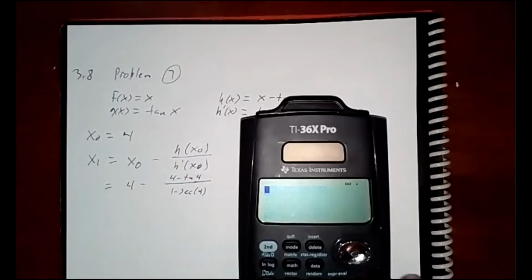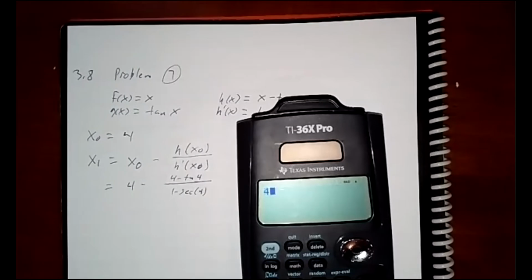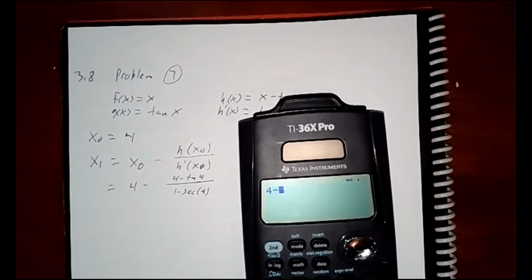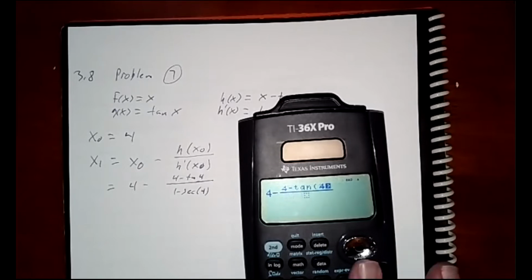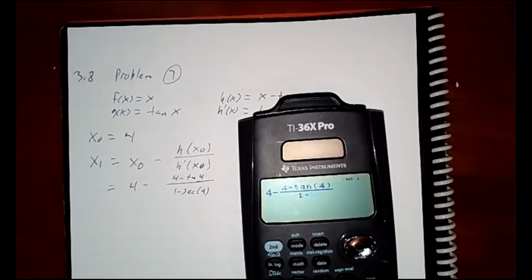So there's my fraction, 4 minus tangent of 4 over 1 minus, and here I have to do 1 over cosine, because 1 over cosine is secant.